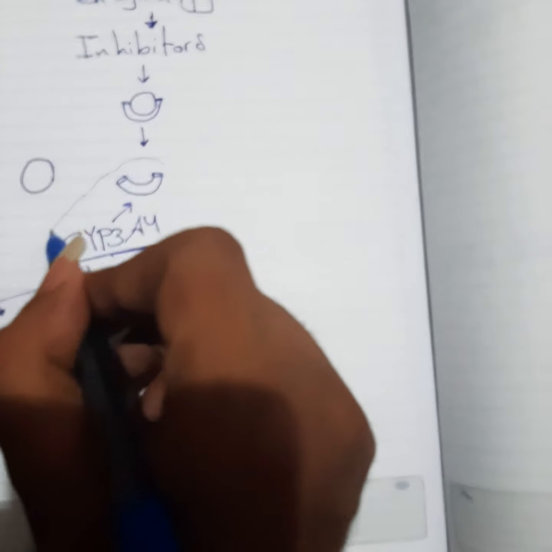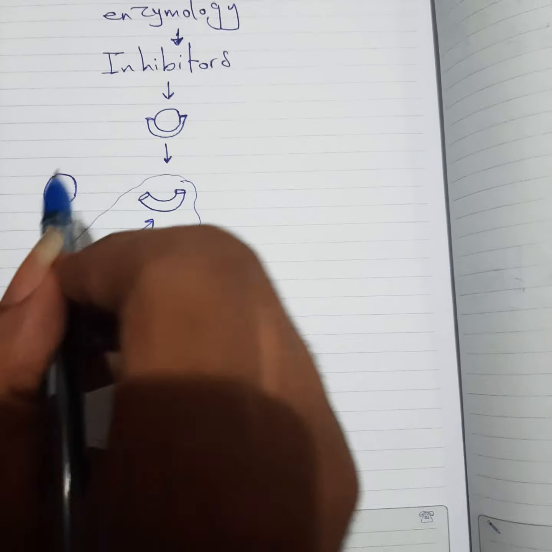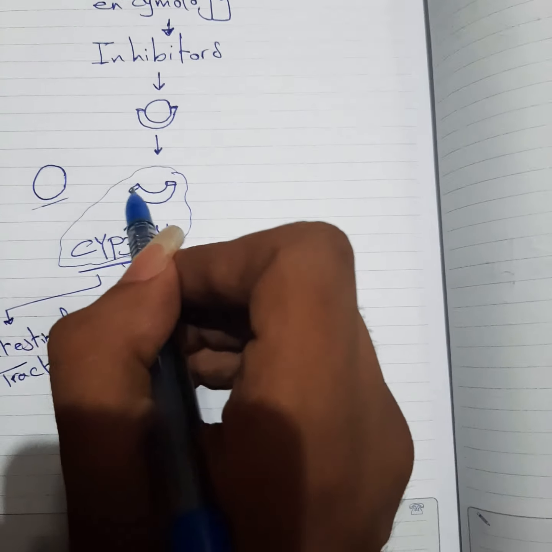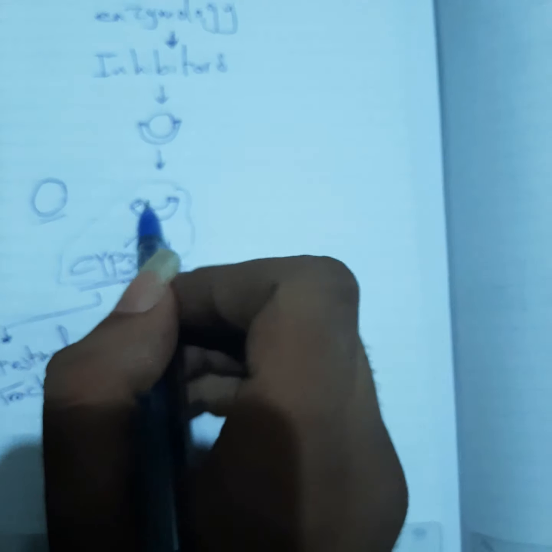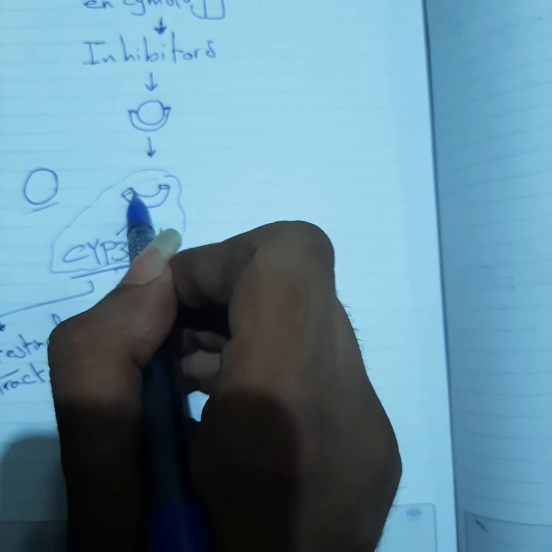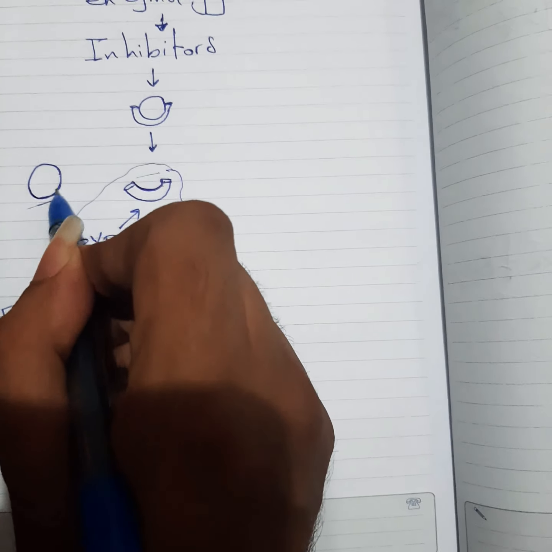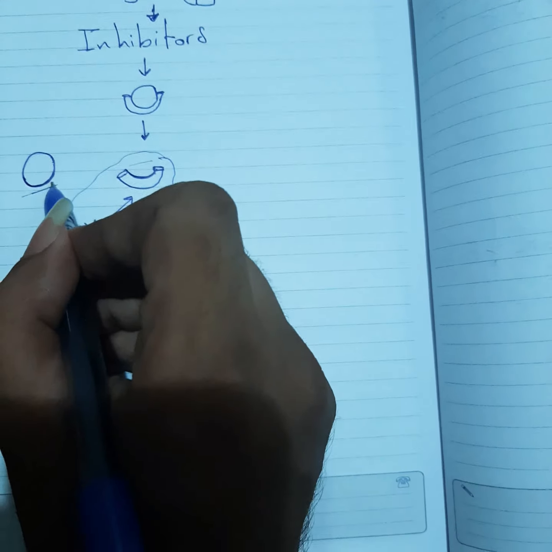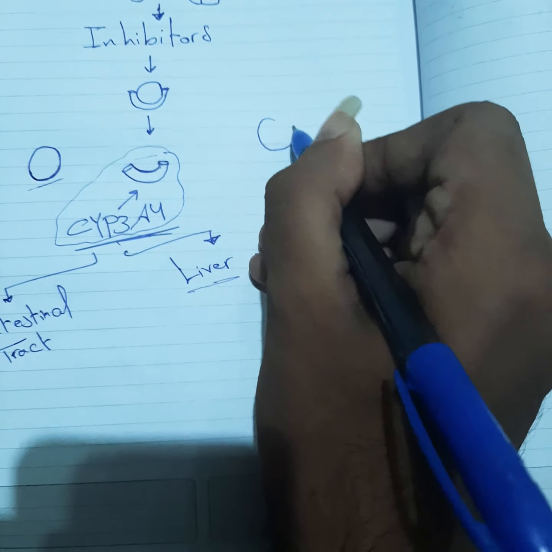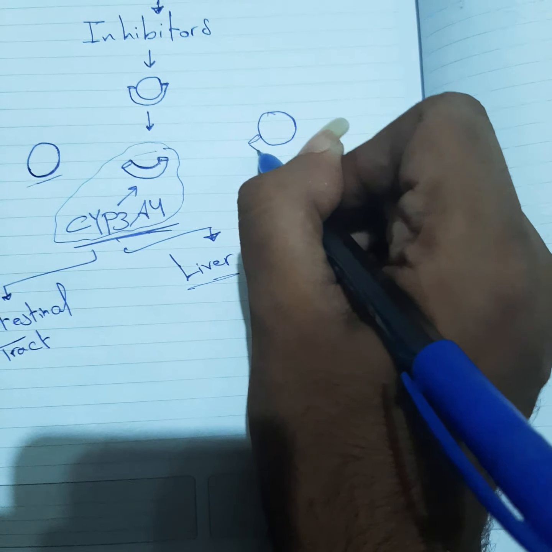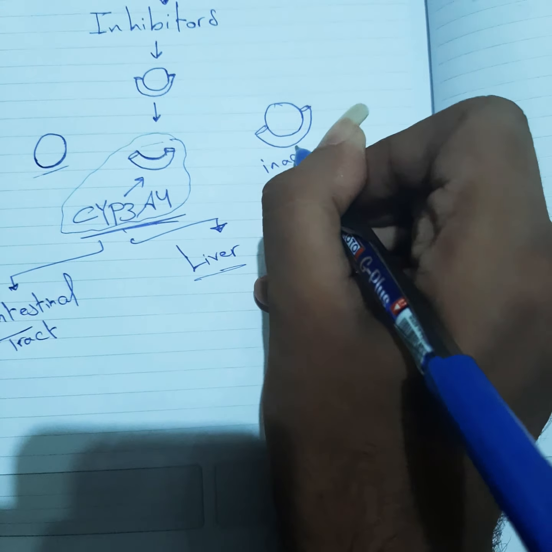We consider that this is the shape of the CYP3A4 enzyme, and this is responsible for the removal of this. We will find that there is a complementarity between the active site of the enzyme here and the molecule of the drug. So this enzyme will take the drug here and will inactivate it.